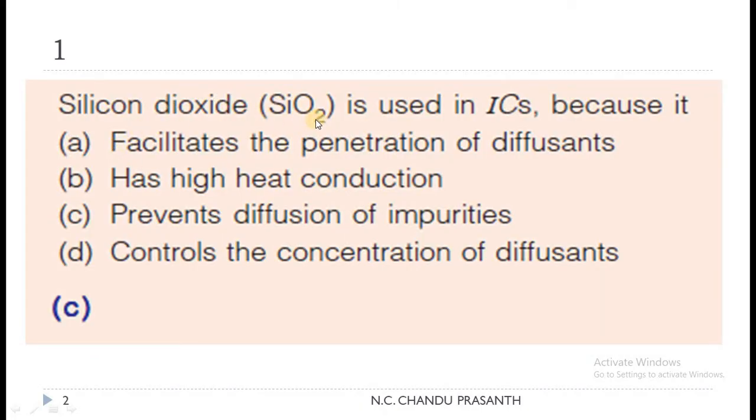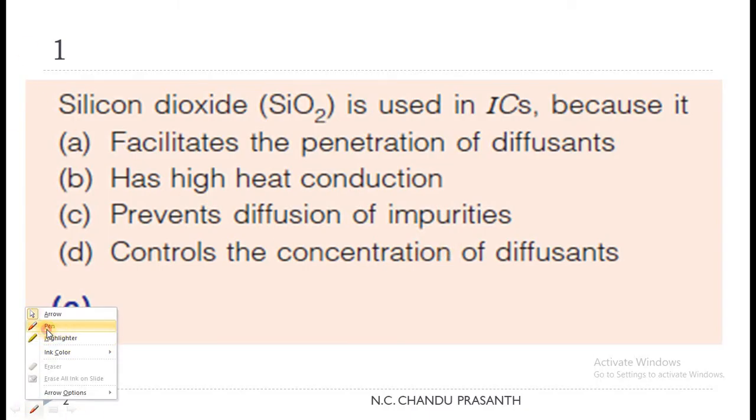First bit: silicon dioxide is used in ICs (integrated circuits) because it: option A, facilitates the penetration of diffusions; option B, has a high heat conduction; option C, prevents the diffusion of impurities; and option D, controls the concentration of diffusions.